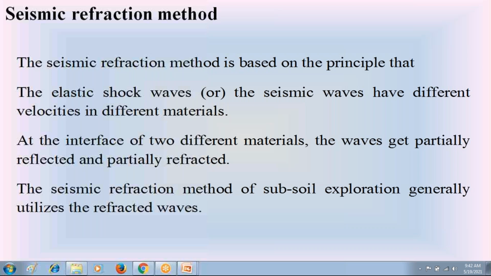And in the seismic refraction method, we use the refracted seismic wave to study the soil properties below the ground level. This is the principle behind the seismic refraction method. Now, observe this next slide.